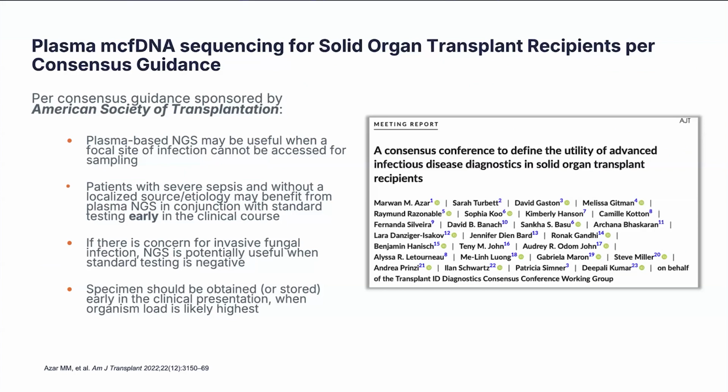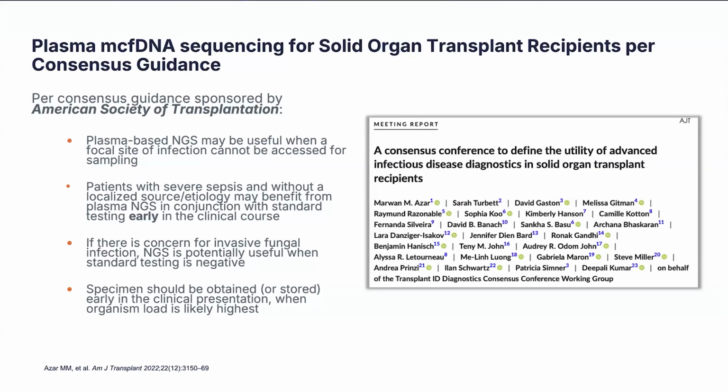One is that the infection is at a site which cannot be accessed for sampling, like a brain infection or a deeper visceral infection. Second, one suspects that patients are really sick and CMT is going to take longer and you need to make an early diagnosis. And that's where cell-free DNA can be helpful.